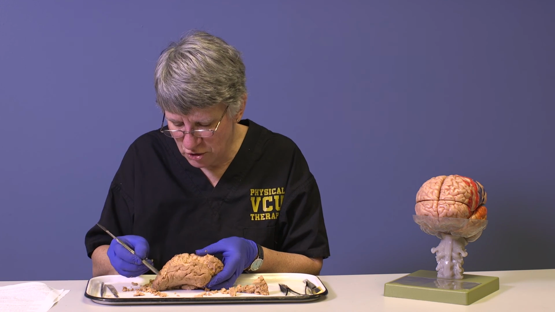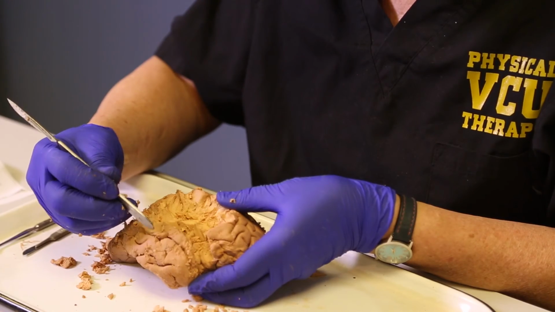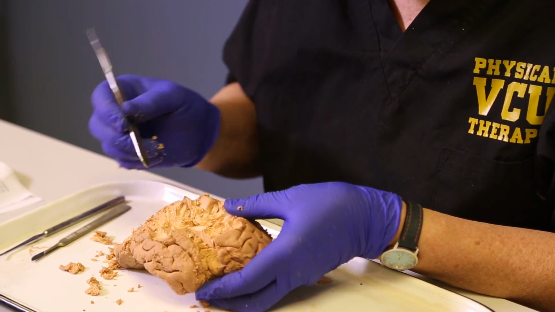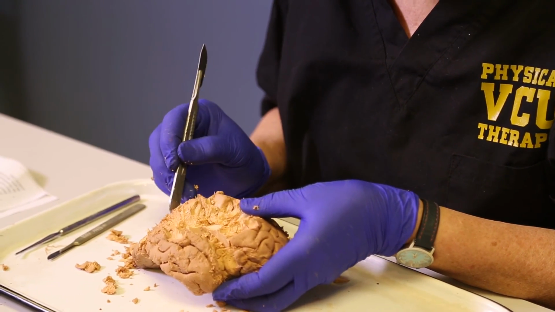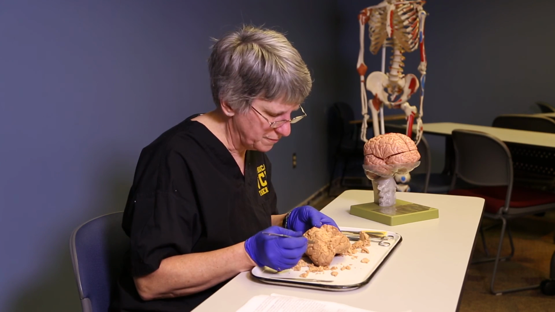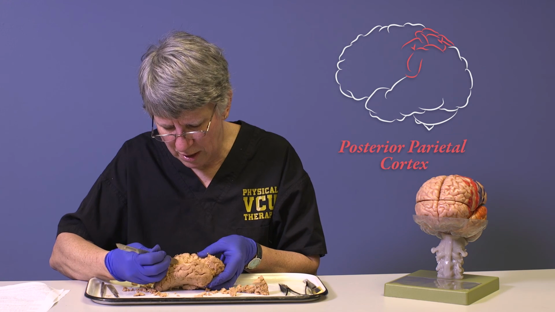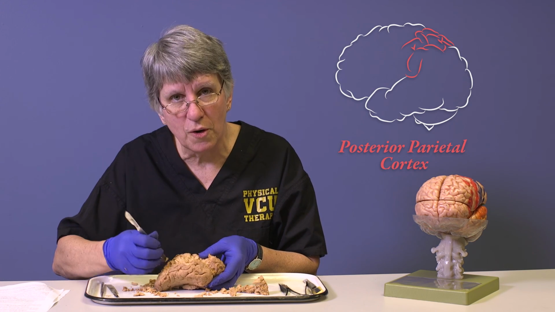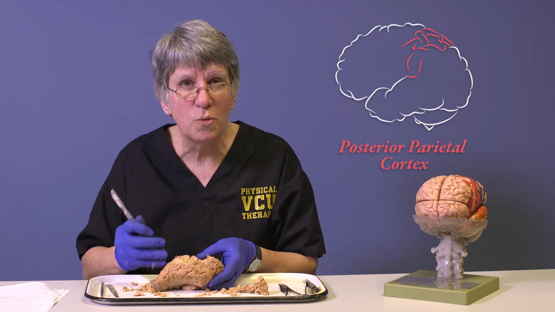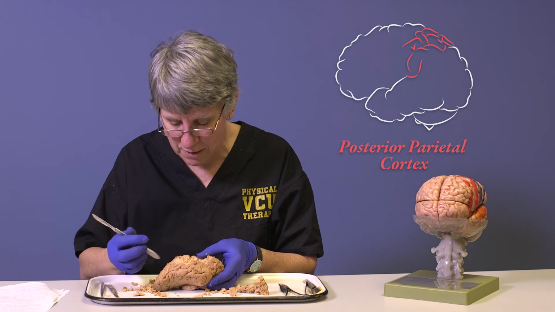So the vision is coming up here. You've also got hearing that's going up into your temporal lobe. You've got somatosensation that's going into that parietal lobe. Temporal, occipital, and parietal are all communicating with the posterior parietal cortex to help you know where you are in space and what you are seeing.